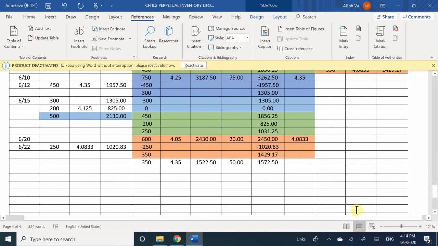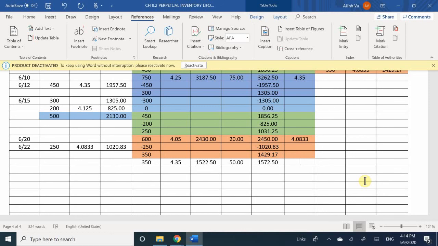Go through each column one at a time. Now that we completed our total cost, we need to figure out our cost per item. This is divided by 350, and we've got $4.49.